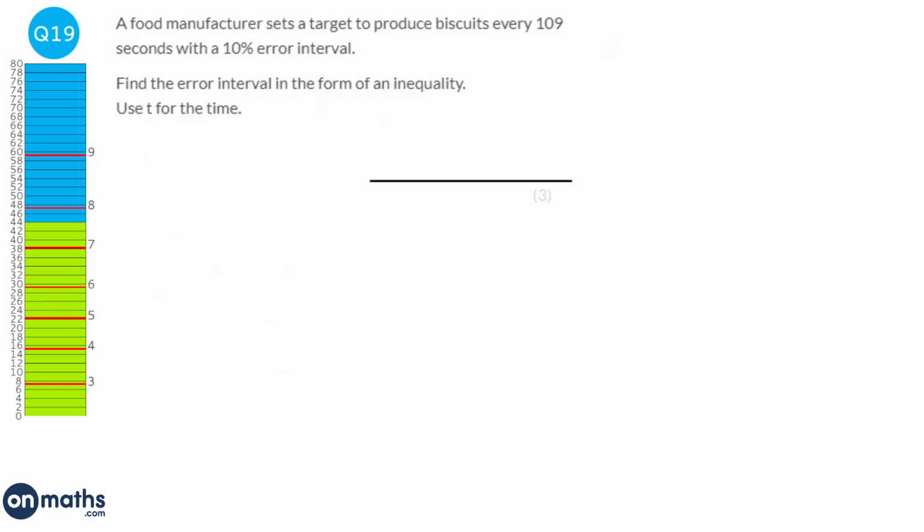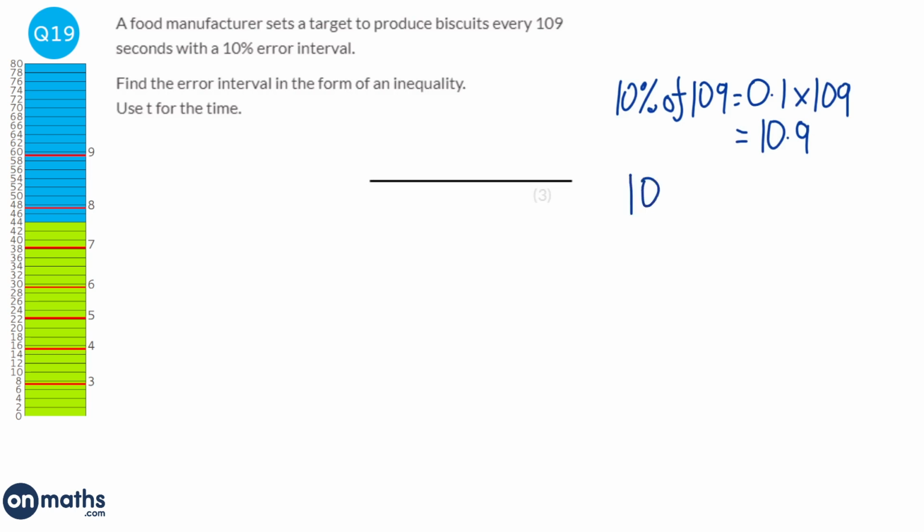First thing we need to do is find out what 10% of the 109 is. So we're just going to multiply by 0.1. And that gives us 10.9. So what we're going to do is we're going to add and subtract this from 109. So we're going to do 109 take away 10.9, which gives us 98.1.